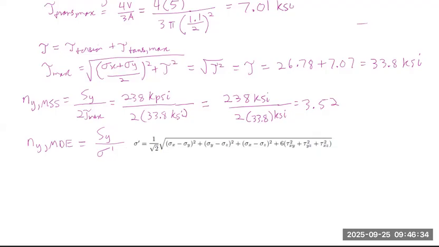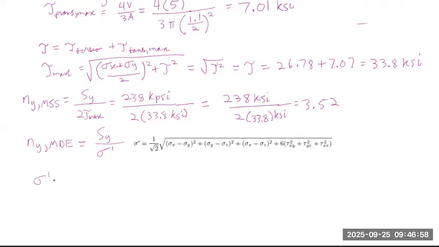So then NY according to maximum distortion energy is equal to 238 kpsi over, oh wait, sorry, we have to calculate sigma prime first.